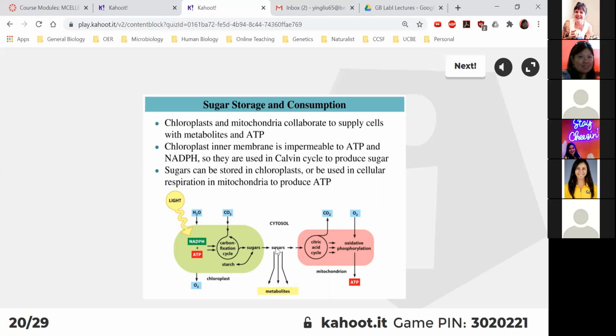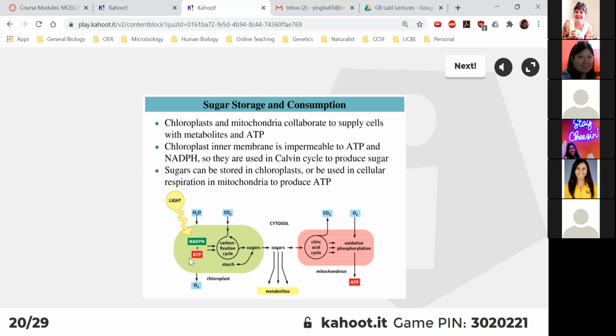That's why for plants, most of the ATP they need for other functions also comes from cellular respiration. The sugar produced from photosynthesis goes to their mitochondria, and then goes through the same process of glycolysis, citric acid cycle, and electron transport chain to produce ATP.